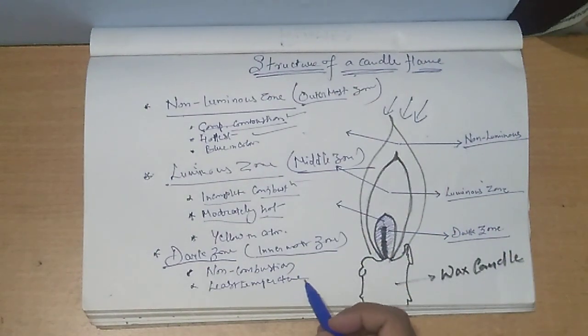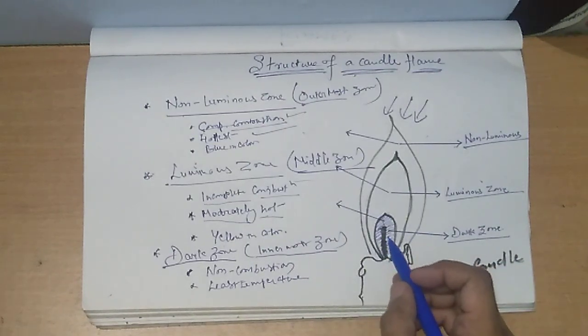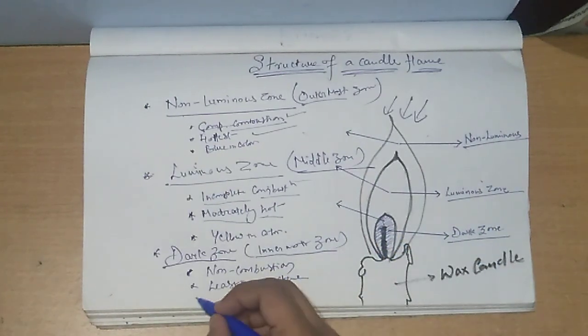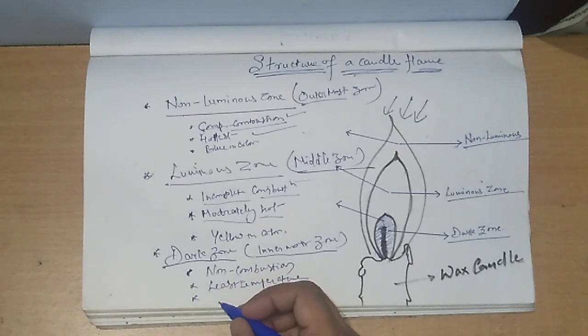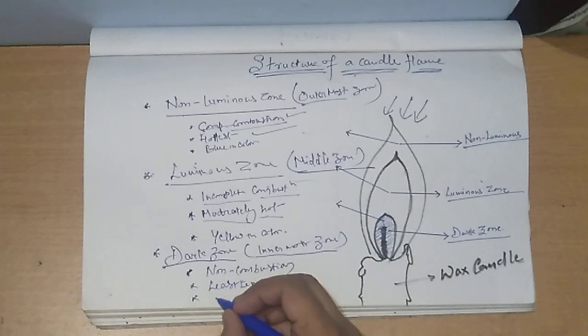So it has the least temperature, and it is least efficient as well. In terms of production of heat energy, this zone is least efficient.